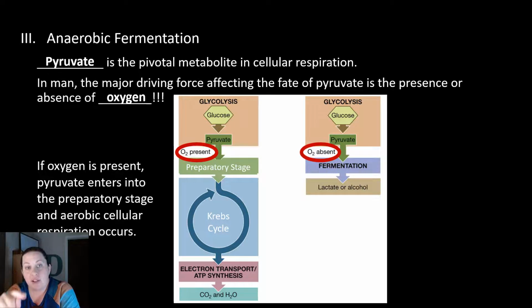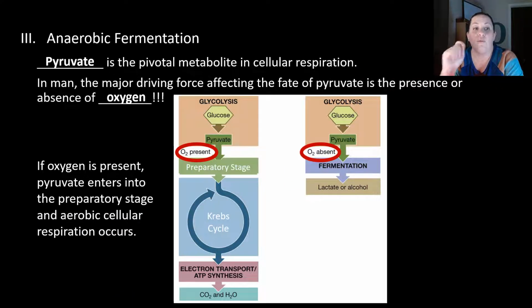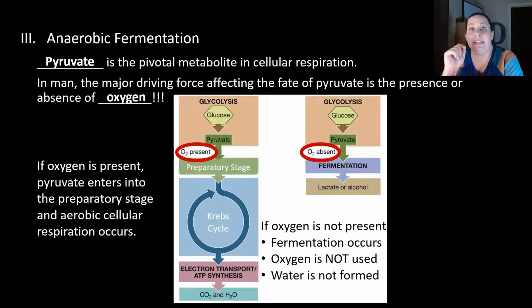So if oxygen is present, pyruvate enters into the preparatory stage and aerobic cellular respiration occurs, like you see in this diagram. However, if oxygen is not present, fermentation occurs, oxygen does not get used, and water is not formed, like you see in this other side of the picture when oxygen is absent.